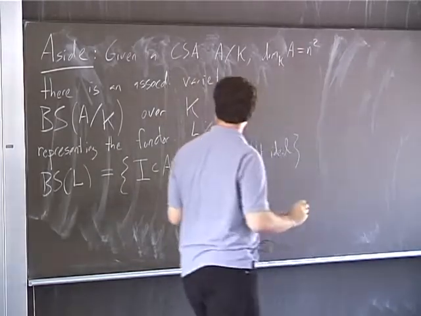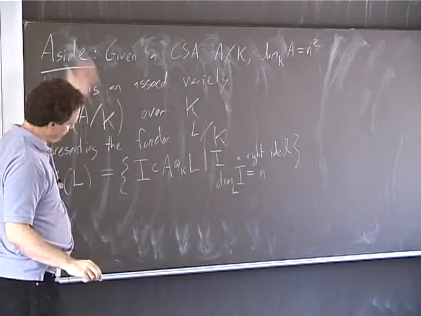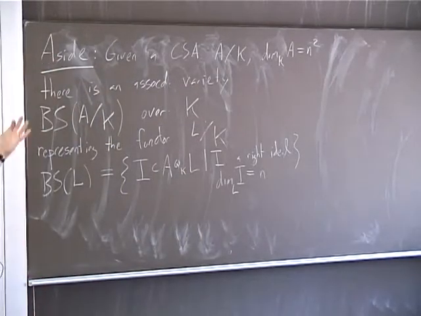To understand what's going on here, when you base change to the separable closure, of course A just becomes the matrix algebra of n by n matrices. Now what are the right ideals inside of the n by n matrices? You fix some subspace of your n-dimensional vector space, and you look at those matrices whose images are contained in that subspace. The set of all such matrices is a right ideal.